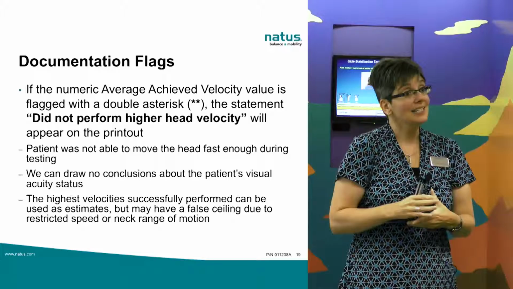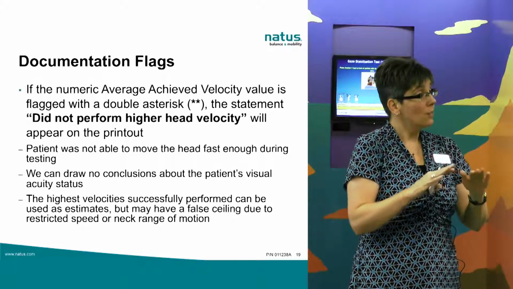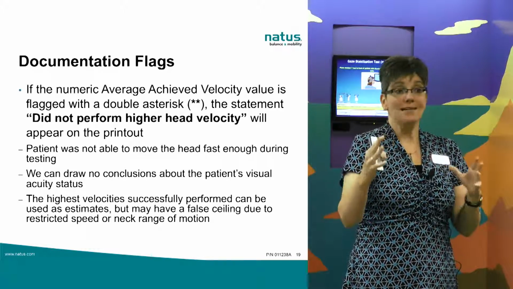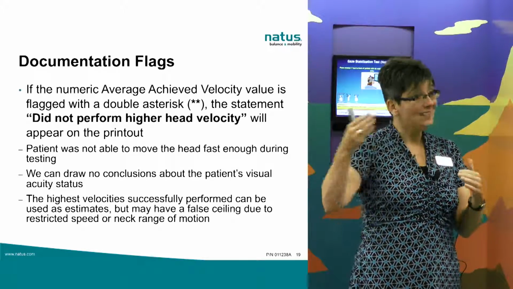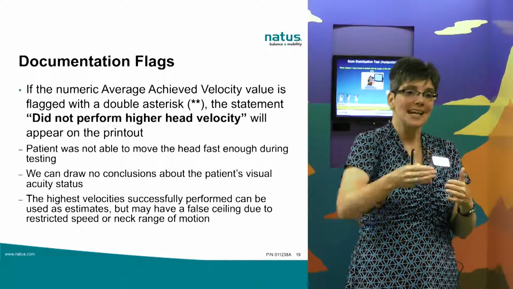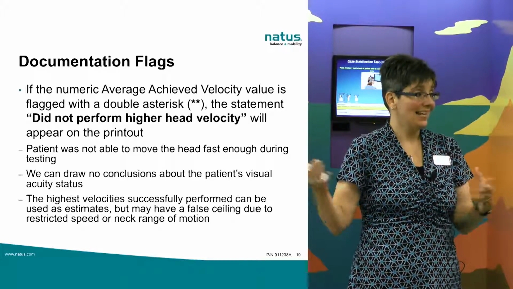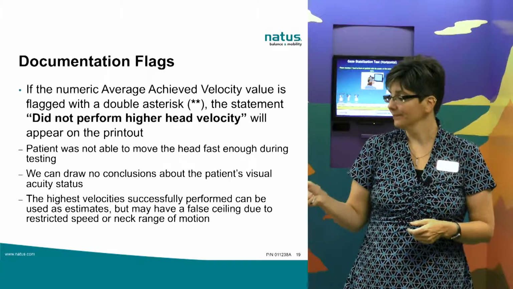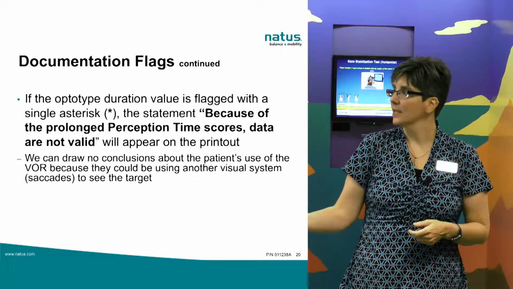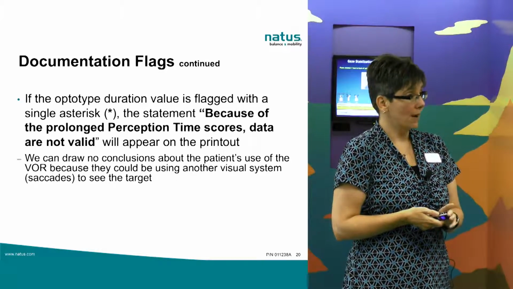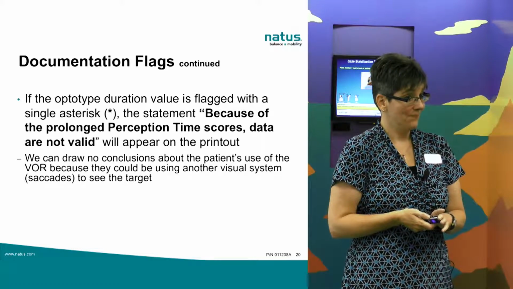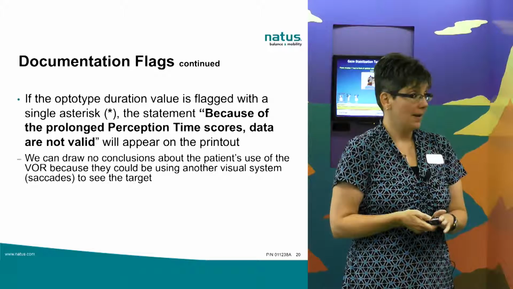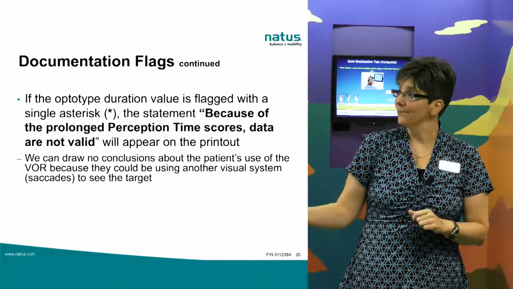For those of you that tested in the normal performance and you maxed it out, we may not know your true maximum head speed because we didn't test you in high performance. And the same goes true with your patients. And then again, a reminder about perception time. If your perception time is prolonged, your data may not be accurate.